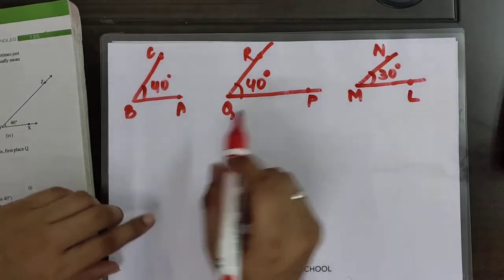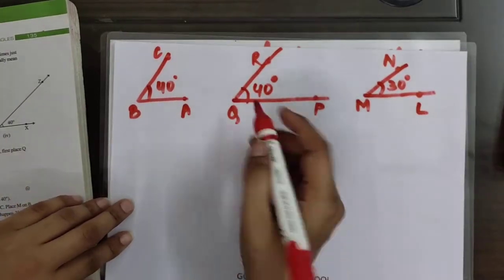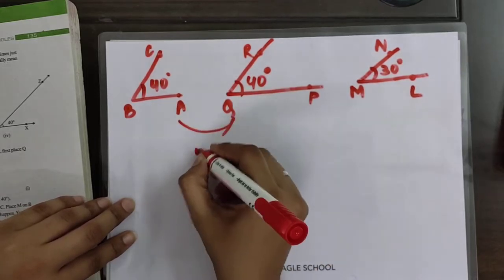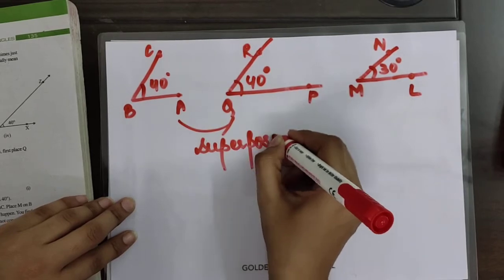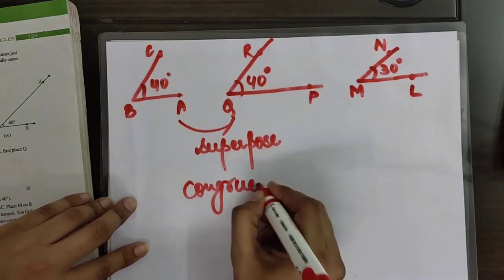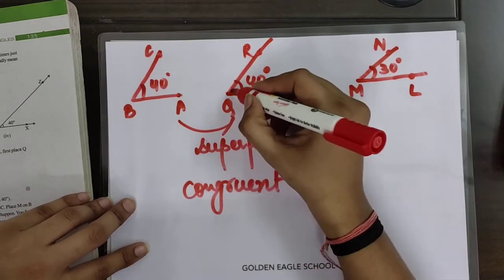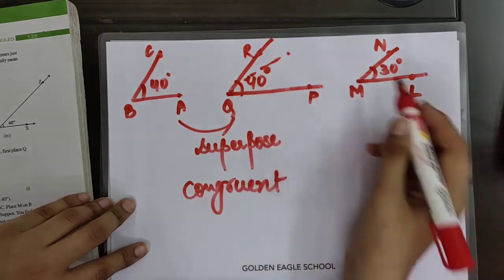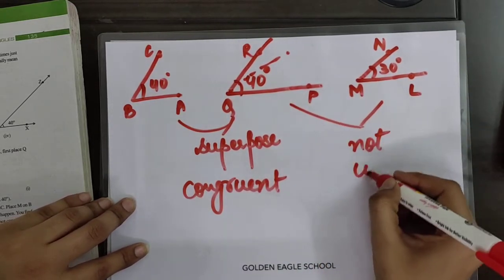If we keep this angle over this angle, they will superpose over each other, so they are congruent. But when we place this angle over this angle, it will be somewhere here, so they are not exactly same, so they are not congruent.